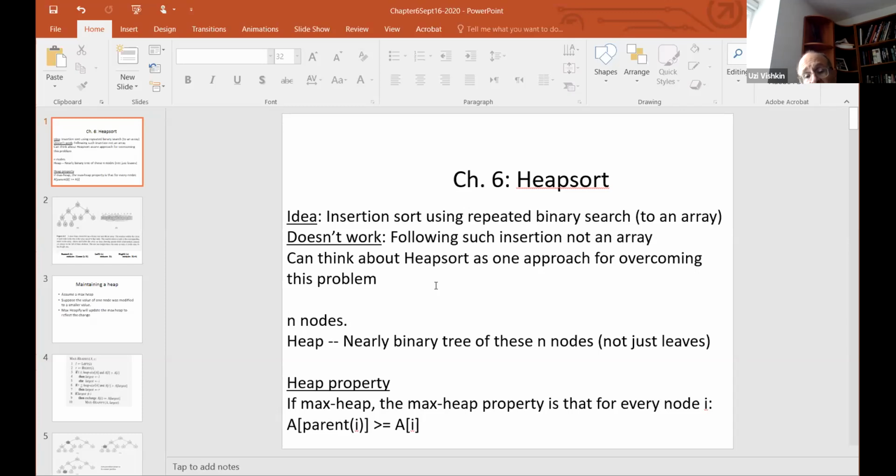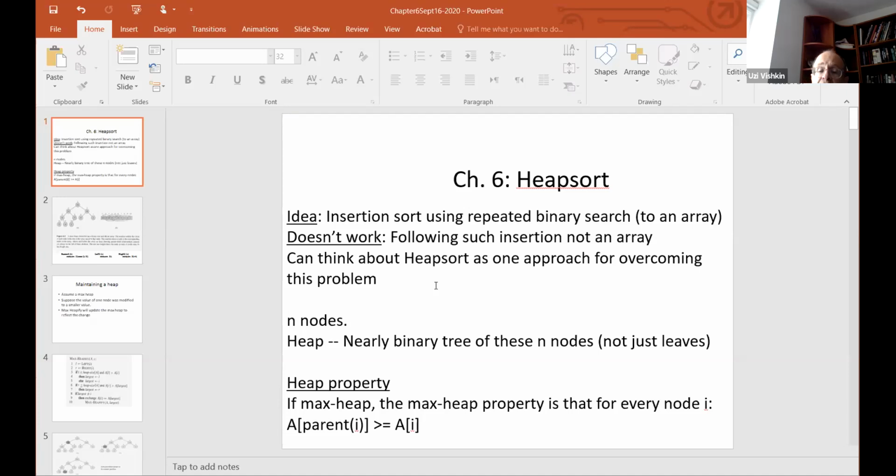And my suggestion is that we are going to review several alternative approaches to sorting, which will end up running in n log n time rather than in n squared time, which is the worst case complexity for insertion sort. So it will end up running in n log n time.